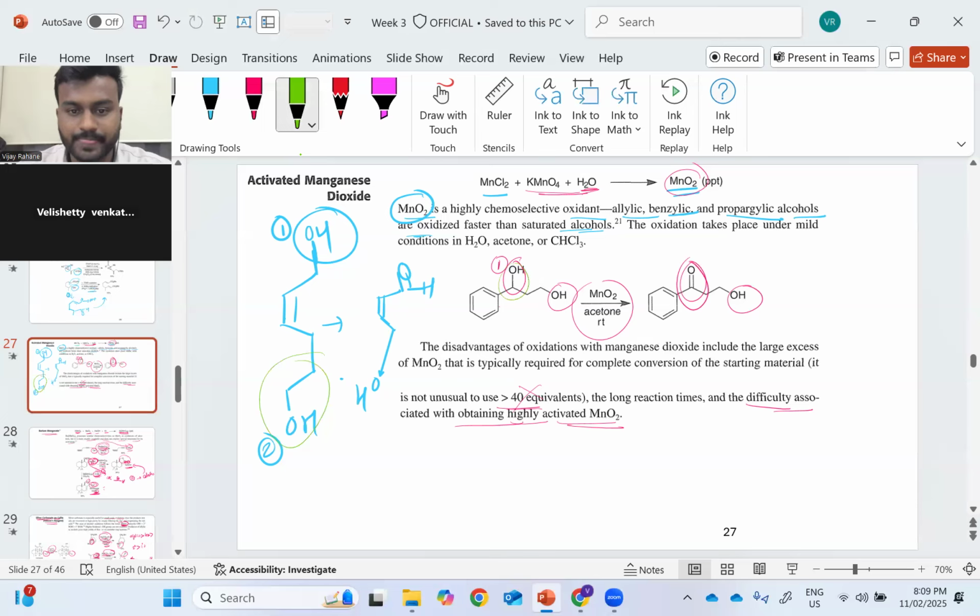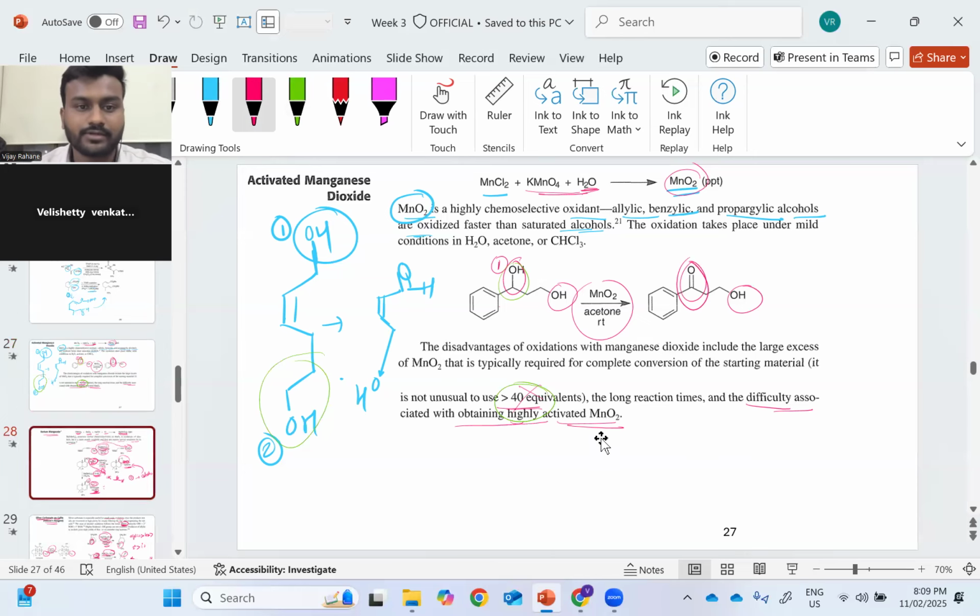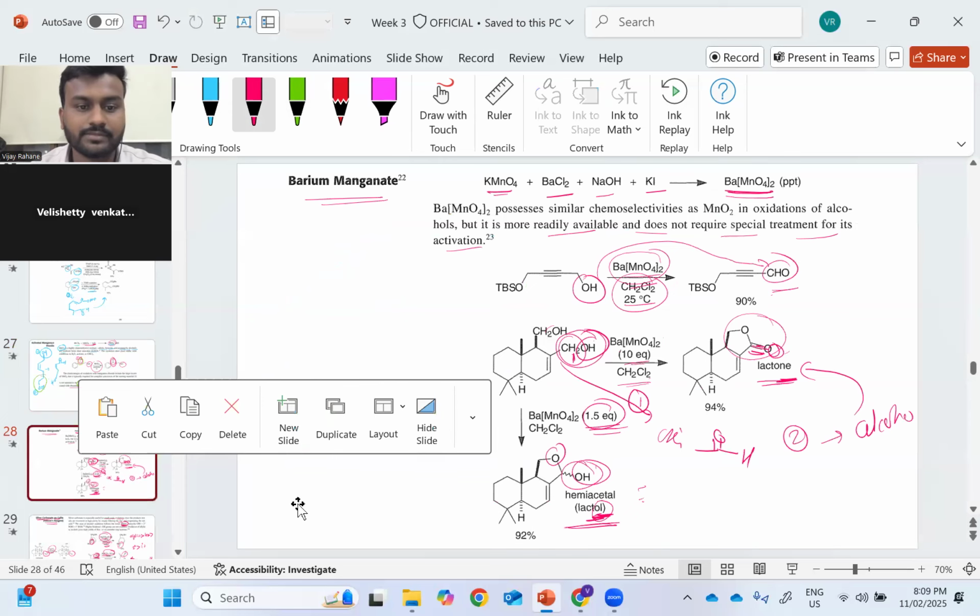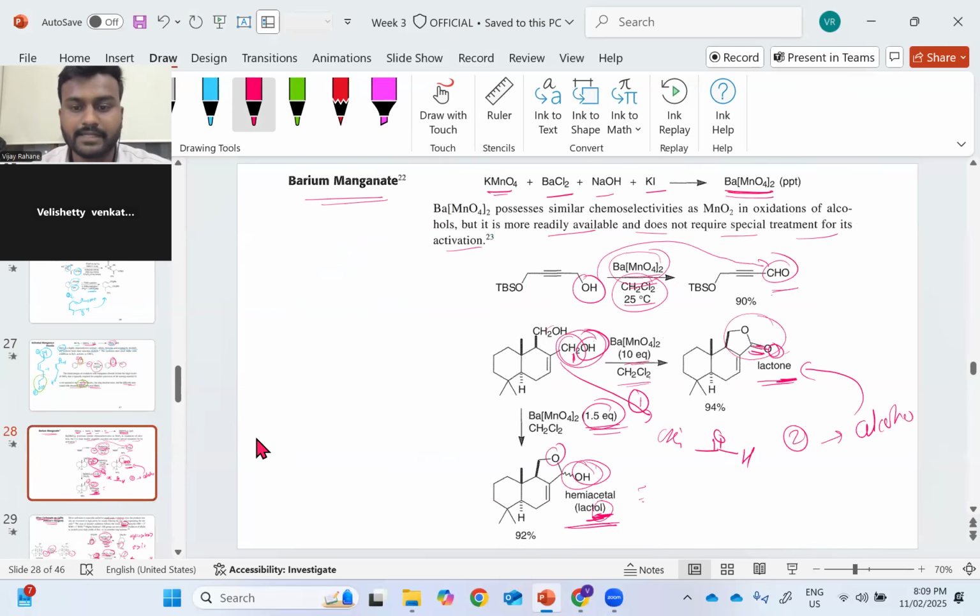So here is an example of the benzylic, but we have also seen the drawback of this MnO2 based oxidation. The drawback was we need to use about 40 equivalents of MnO2, and also the activation of this MnO2 is not that easy. That's why another reagent that we have seen is barium manganate.